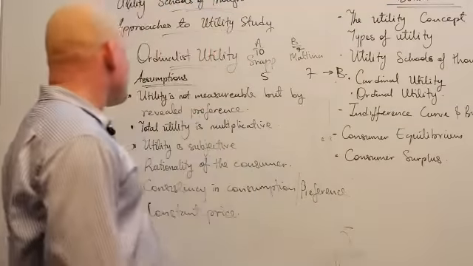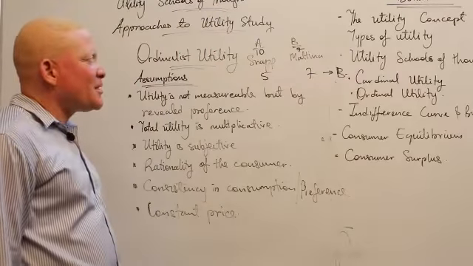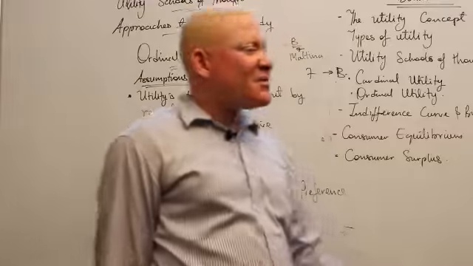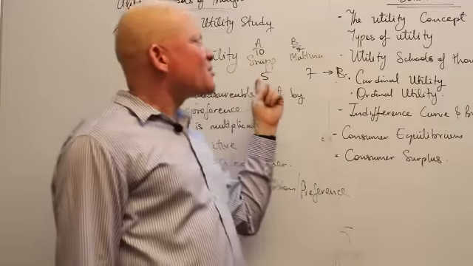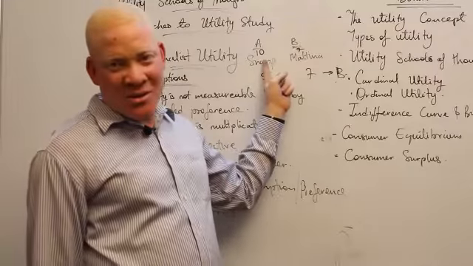Now, the other one, we hear that total utility is multiplicative, unlike the other one that says total utility is additive, that by the time total consumption is a ratio, a combination of 2 or more commodities.